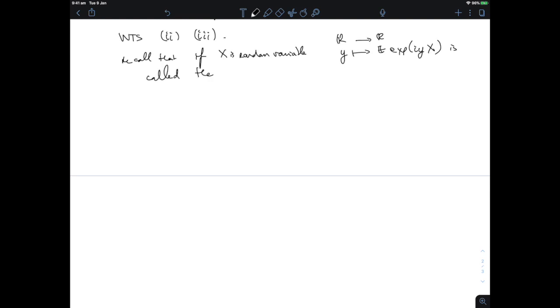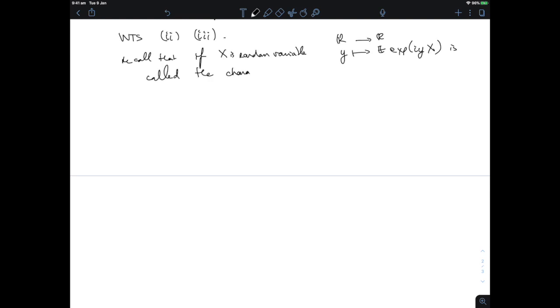And you would know that characteristic functions determine random variables. So recall that if x is a random variable, then the function that sends y to the expectation of the exponential of i y x, from R to R, is called the characteristic function of x.